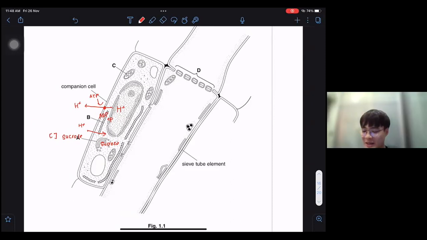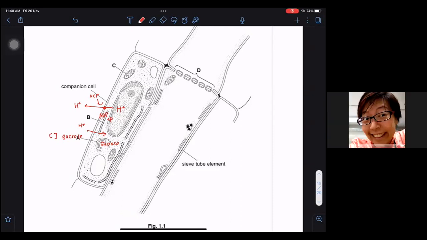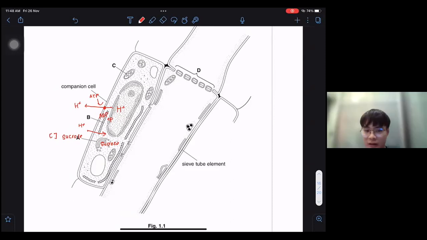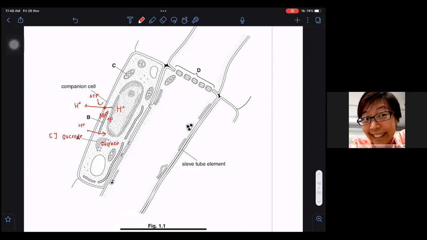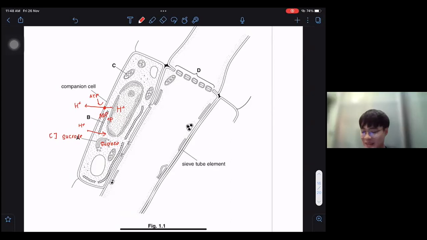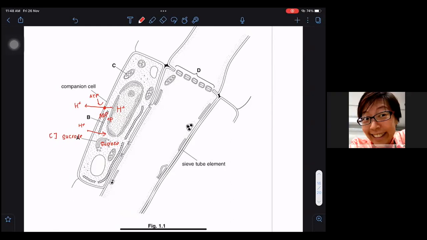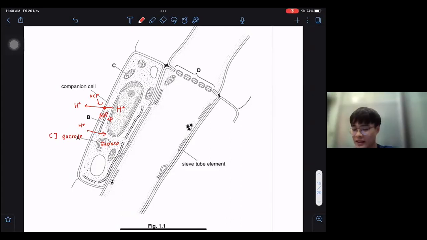The concentration of sucrose outside of the cell is lower than the concentration of sucrose inside the cell. Correct, very good. Is the number lower or the concentration lower? Concentration lower.